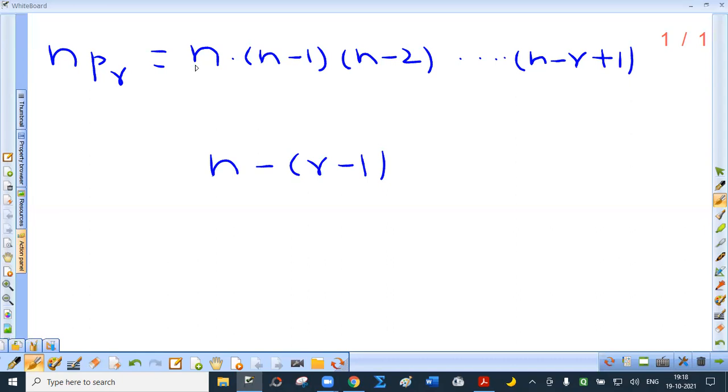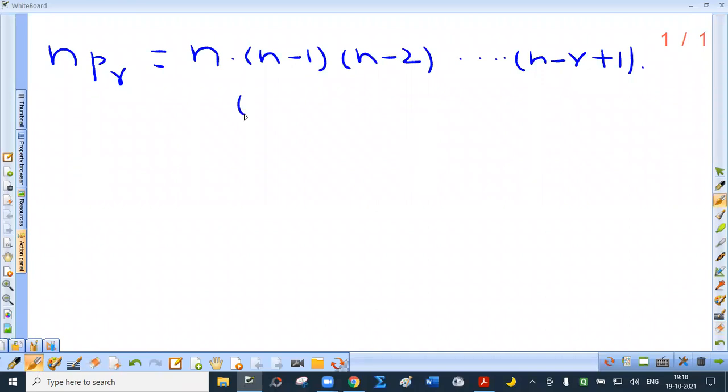This means first object in n ways, second n minus 1, and last, that is rth object, in these many ways. So by fundamental principle, total number of arrangements is what? n into n minus 1 into n minus 2 up to this. But we want to express this in terms of factorial. See what I'm doing?